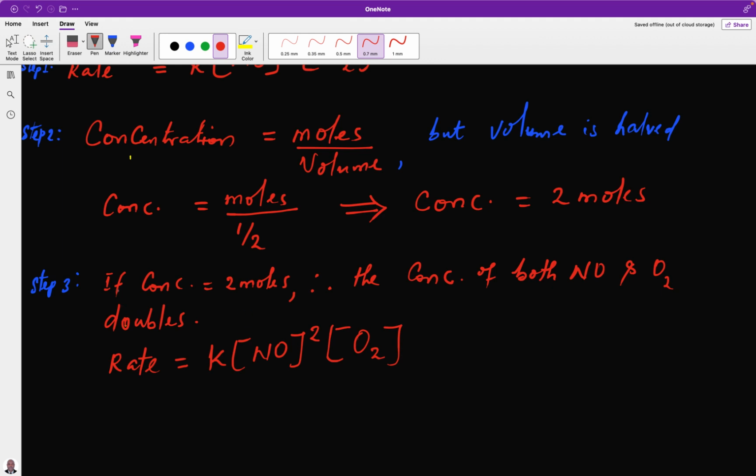I said if the concentration is equal to 2 moles, therefore the concentration of both these doubles.